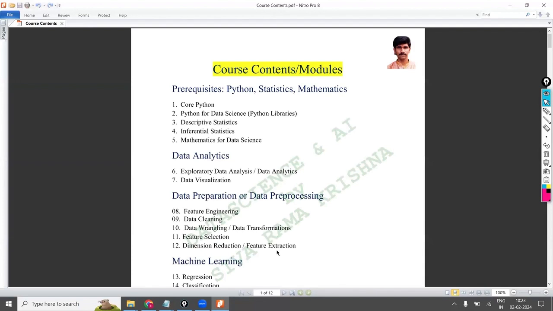This Sunday at 10 a.m., we are having a workshop. What is that workshop? How to clean the entire data using Python. That is the pure subject. How I'm going to explain the subject in the real world, you can understand in the workshop this Sunday, because my present ongoing batch students are also going to attend.